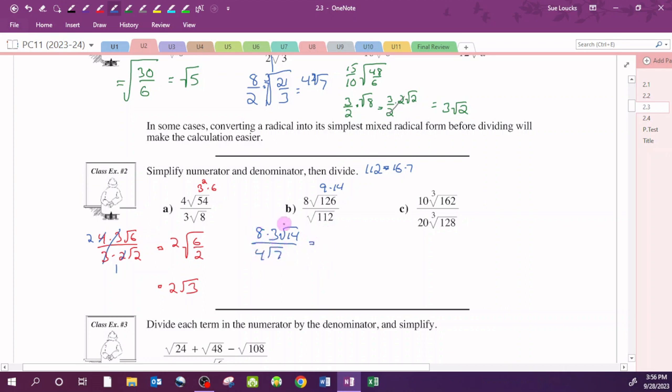So that becomes 8 times, oh, I can reduce the, so I'm just looking at my answers, which don't make sense. 8 times, I can reduce the 8 to 2 and the 4 to 1, so this becomes 6, the 2 times 3 is 6, times the square root of 14 over 7, so that is 6 root 2. All right, and you can always check this with your calculator. Even if you only have a basic calculator, you can check this for the square root ones.